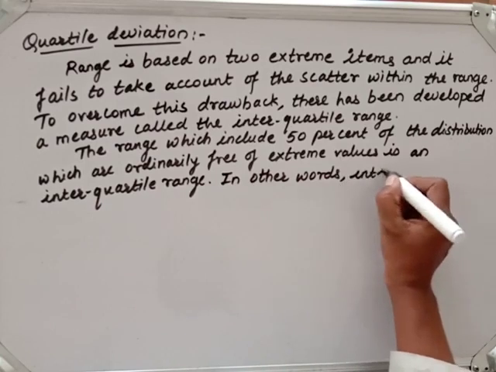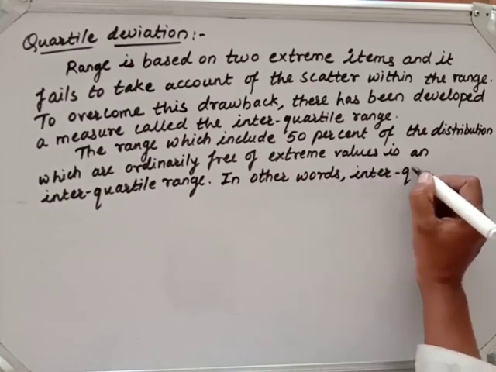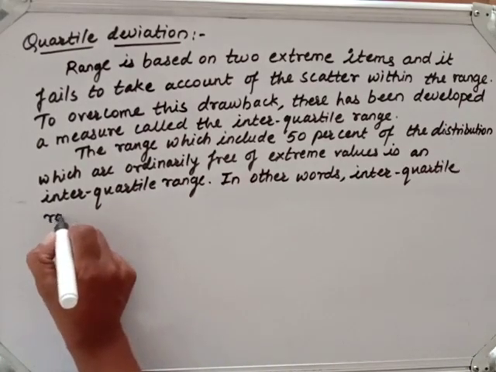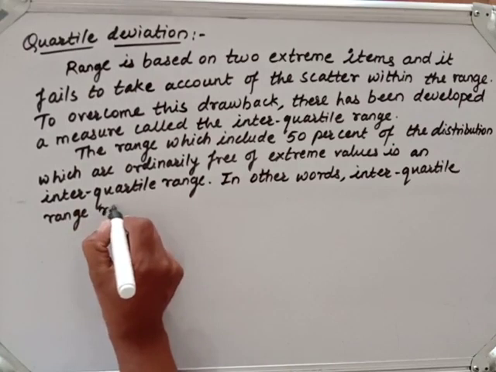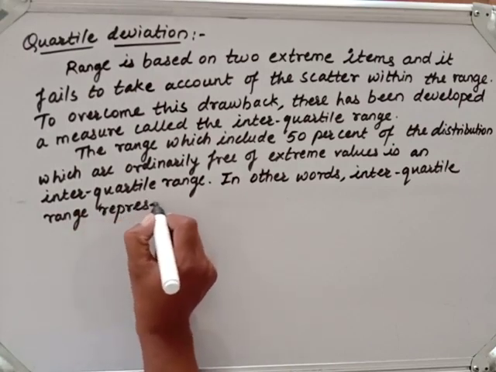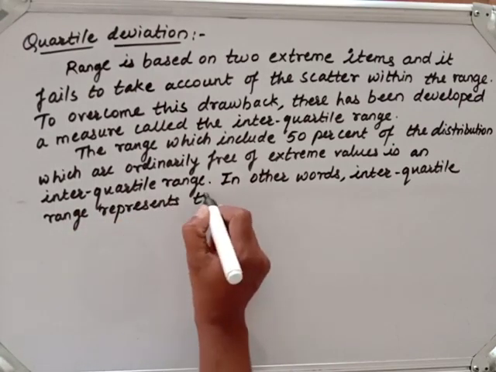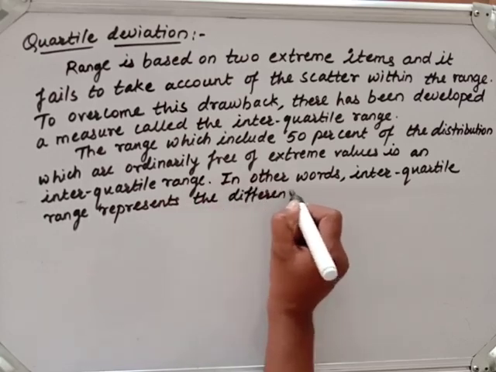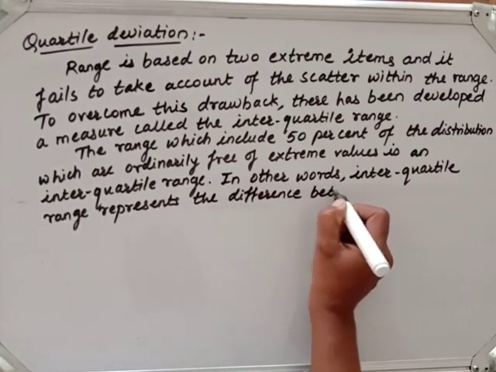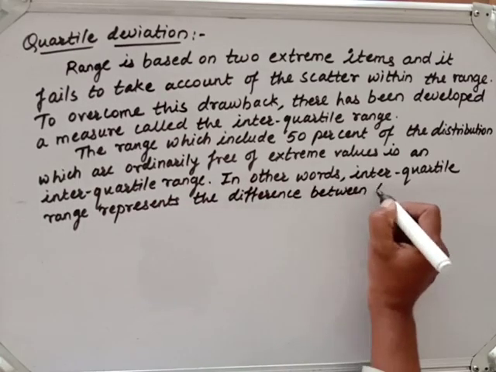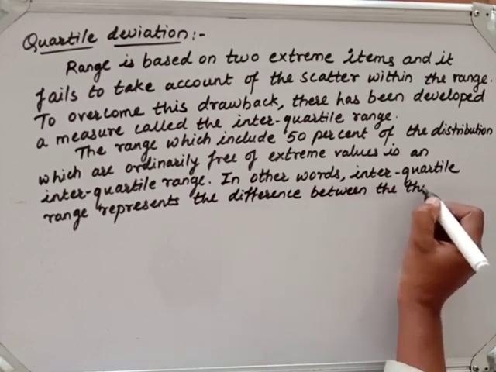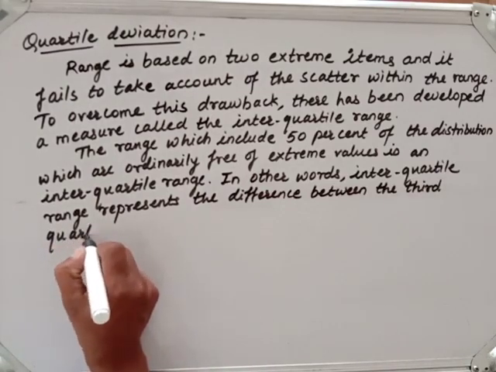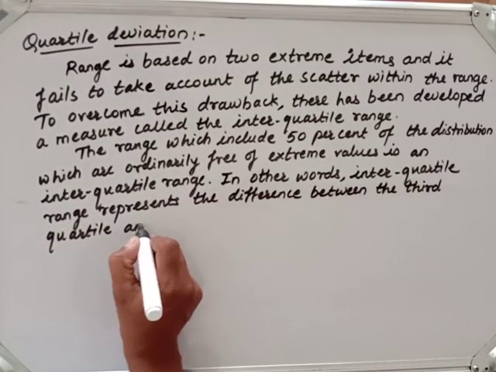The interquartile range represents the difference between the third quartile and the first quartile.